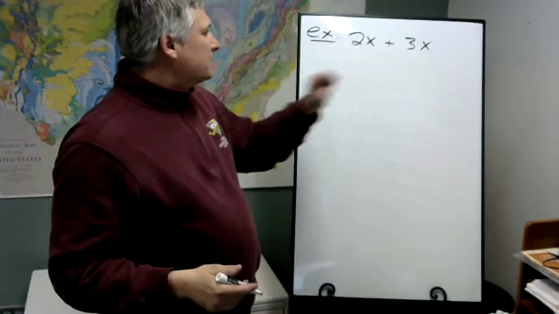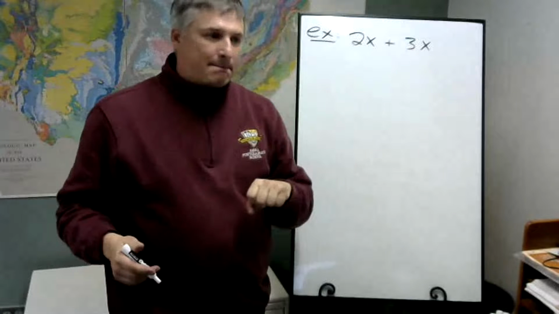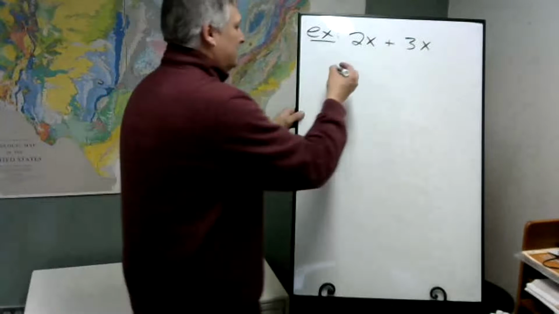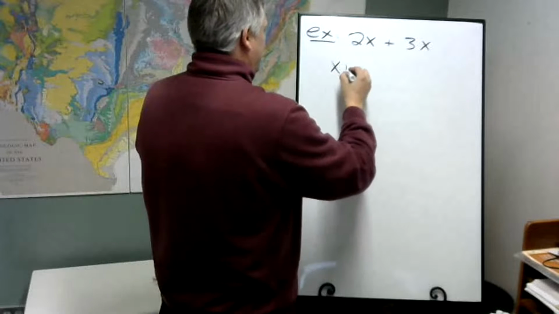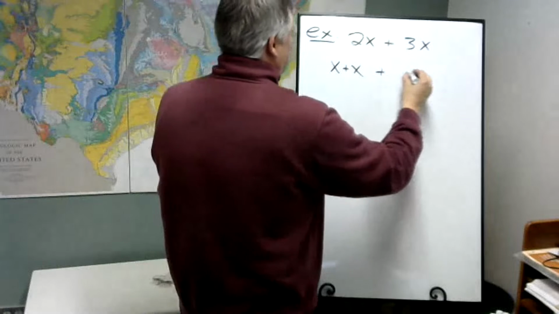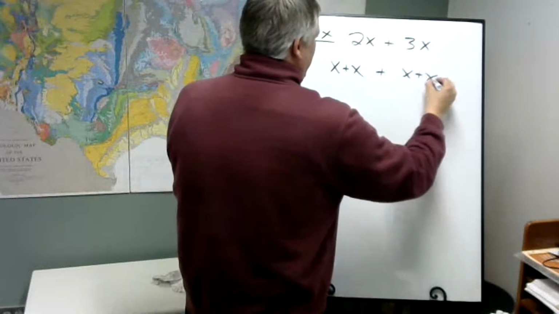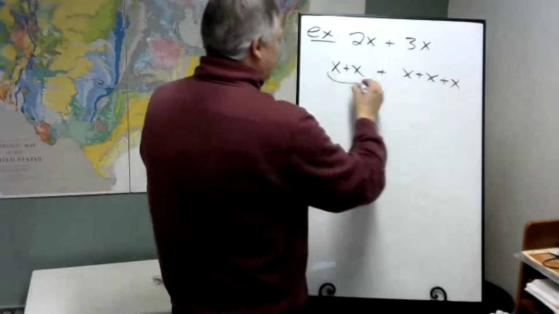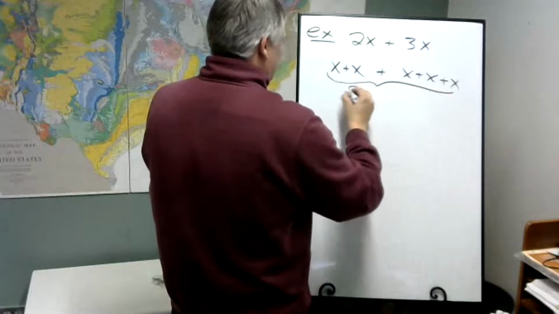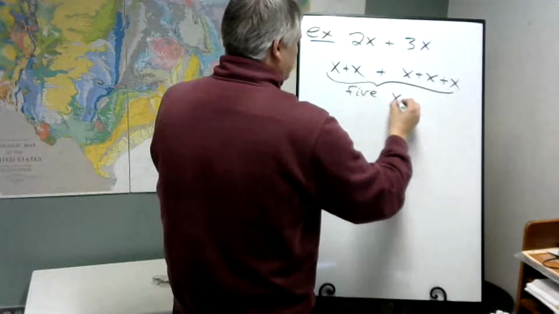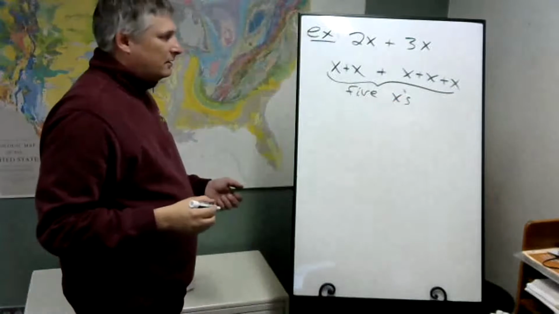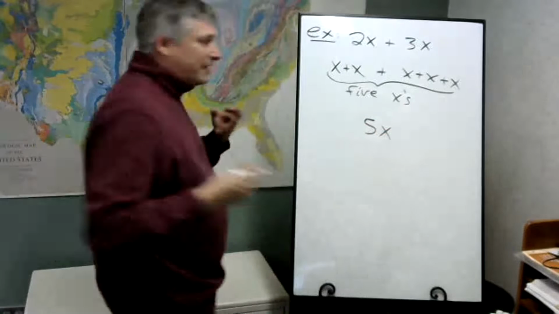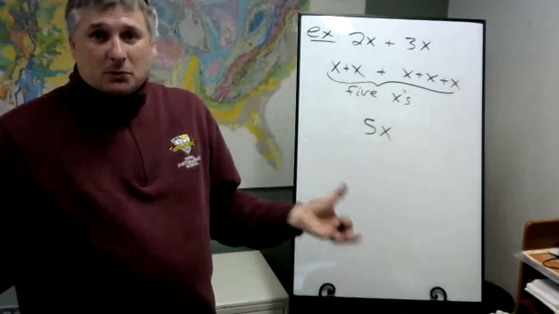This is 2 times x, 3 times x. Multiplication is repeated addition. So this is x plus x plus x plus x plus x. And how many x's do we have here? Well, we have 5 x's. So we can just rewrite this as 5x because we're adding x up. Well, there's 5 x's we're adding up.